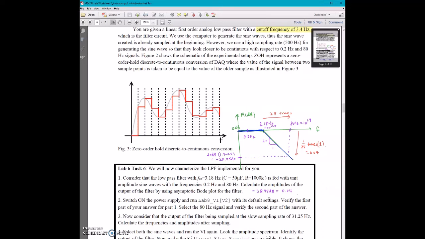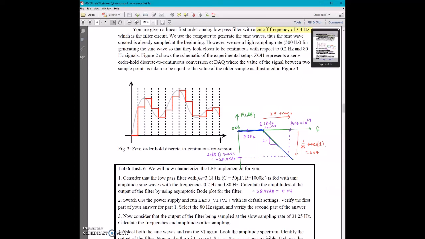The procedure is you start with 80, and you keep subtracting the sampling frequency, not half of it, just Fs, 31.25. You have a calculator, so you should get 48.75.